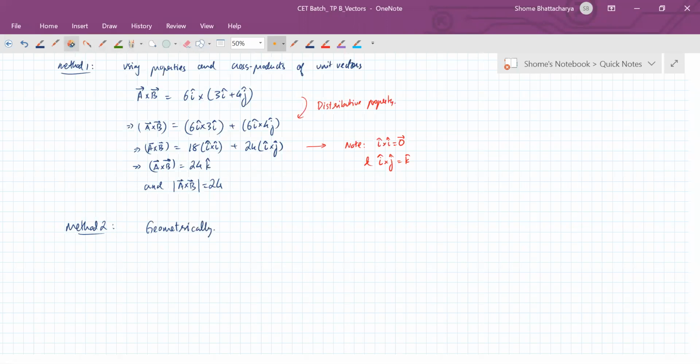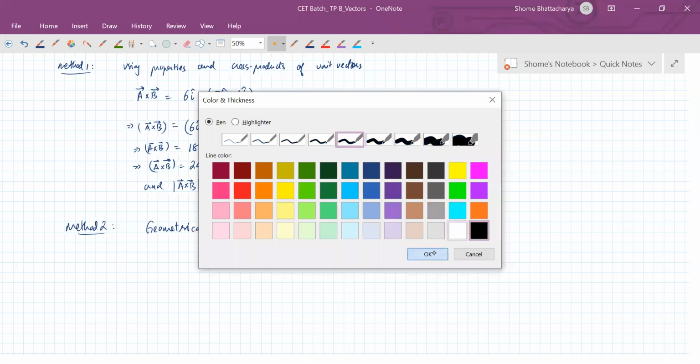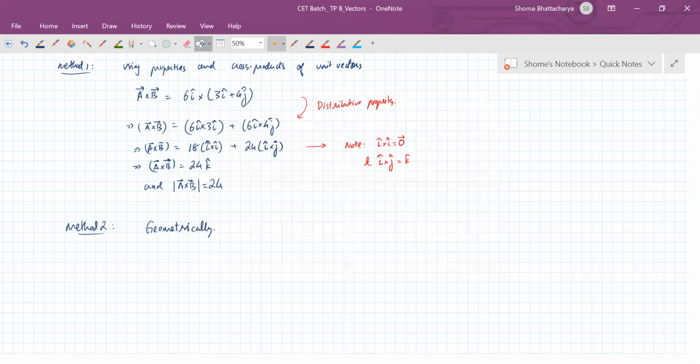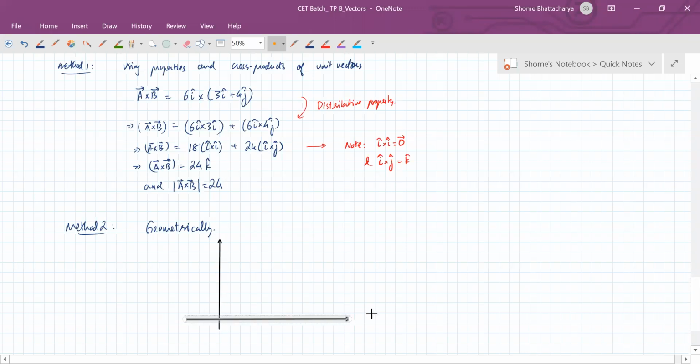So first of all, in the xy coordinate system, we see our vectors A, which is 6 i cap, and B, which is 3 i cap plus 4 j cap.